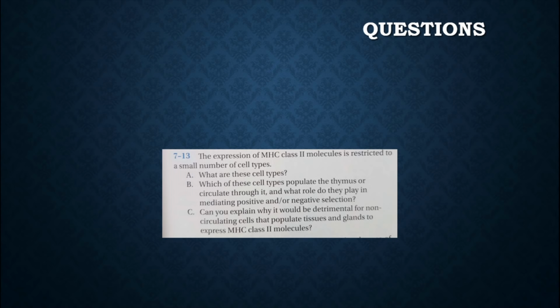B cells that are just self-reactive. For C. Yeah, the idea is that if they're in tissues, they could soak up self-peptides and then present them, and you'd get autoreactivity. So yes, you're correct.